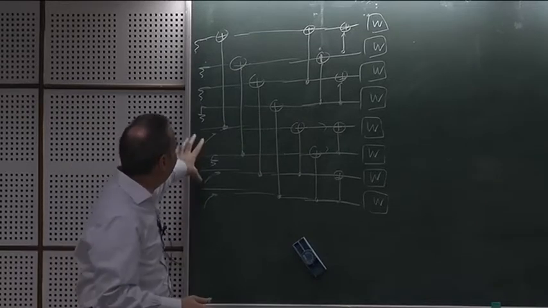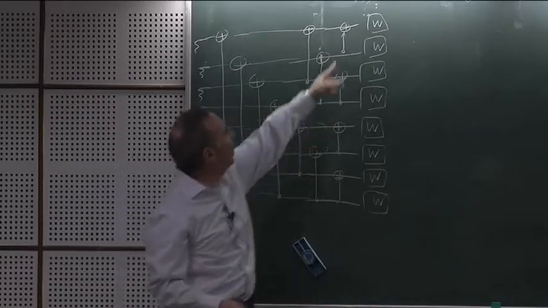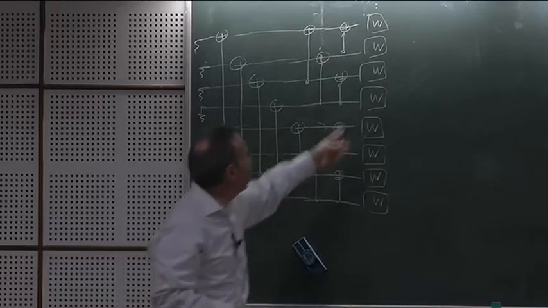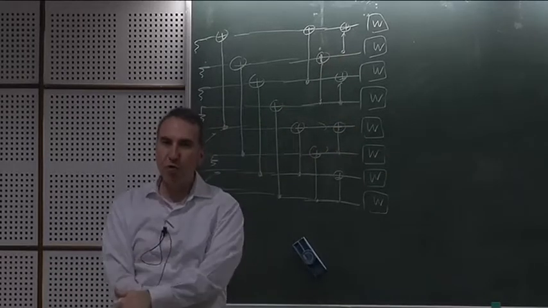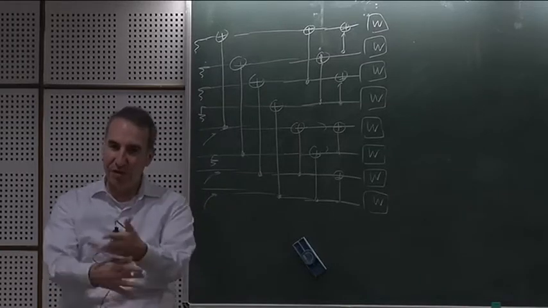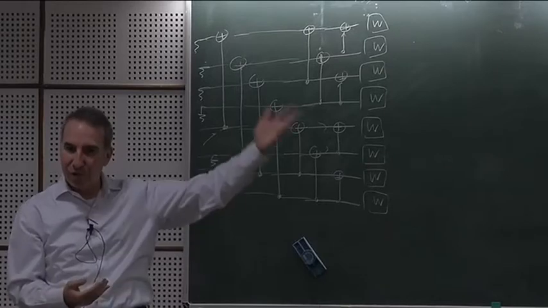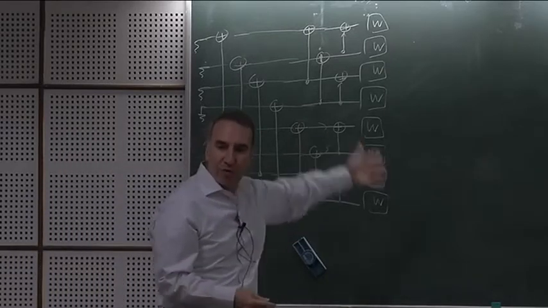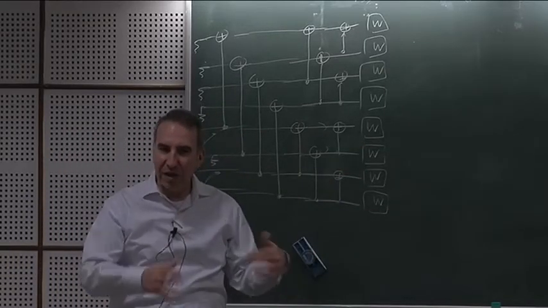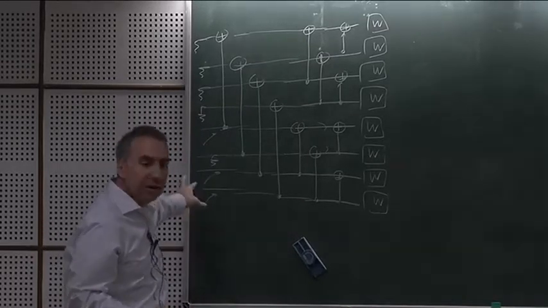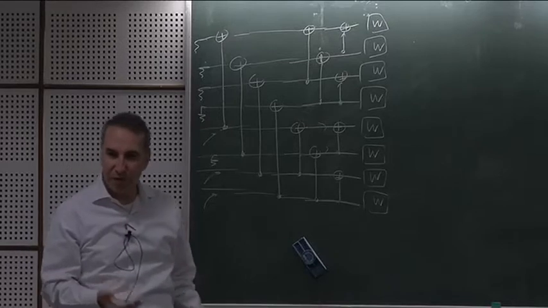Then from these, together with the zeros, I have a mapping between these 3 bits of actual inputs and the 8 coded bits that you feed to the W channels. So you use the channel W 8 times with the coded bits. At the output, you receive Y1, Y2, Y3, up to Y8, and then we'll figure out how to decode these Ys into the U's that we have there.